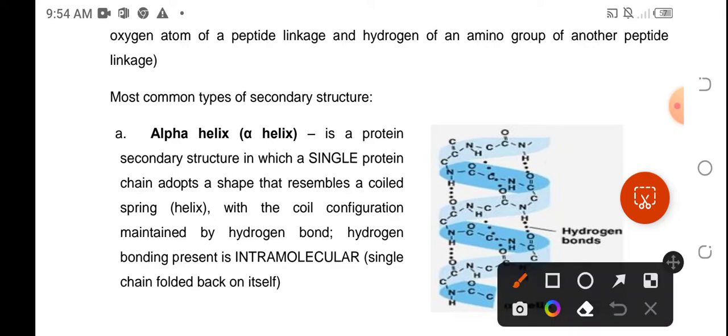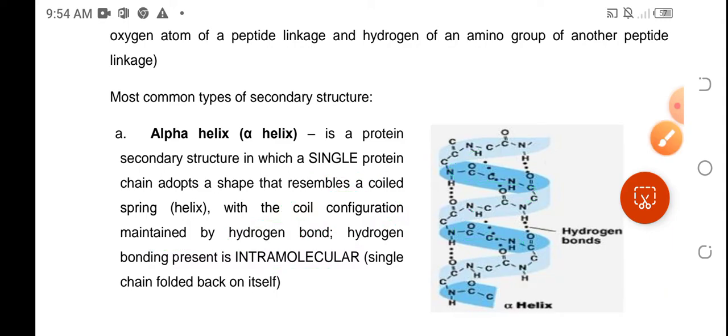So, parang helical siya. So, this happens in a single protein. So, meron siyang coil configuration. And this coiling or folding of this chain is due to the hydrogen bonding that is present in the intramolecular interaction.